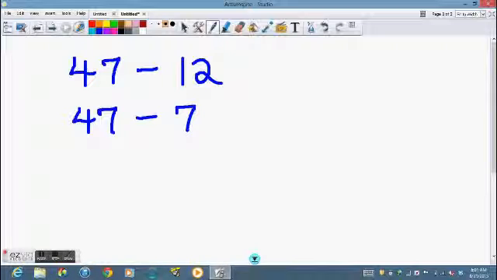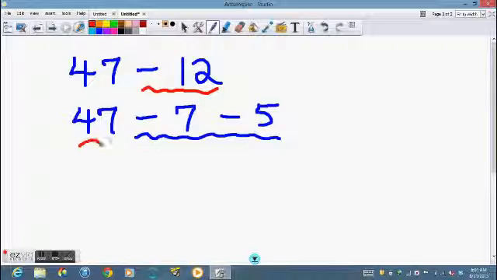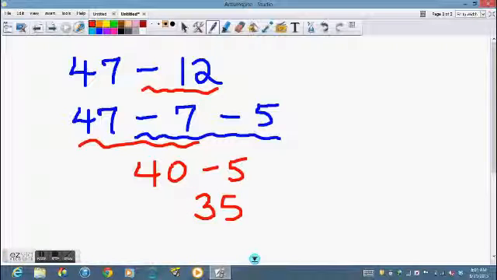And then we have to take away the rest, which is 5 more, because 7 and 5 equals 12. So in other words, doing this is the same as taking away 12. We're just doing it in parts. Alright, so 47 minus 7 is 40, and then you take away the 5, and that gives you 35. So subtracting in parts is one strategy or one technique that helps with subtraction.